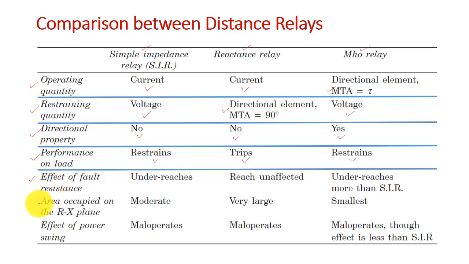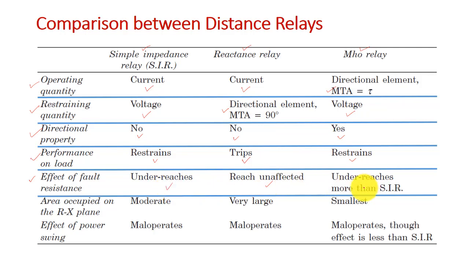Similarly, we can see the effect of fault resistance on these different relays. In practice almost all the faults are arc faults, so having some resistance. The simple impedance relay underreaches for this fault resistance, and the reactance relay reaches well, because of its parallel characteristic, the reach is unaffected.